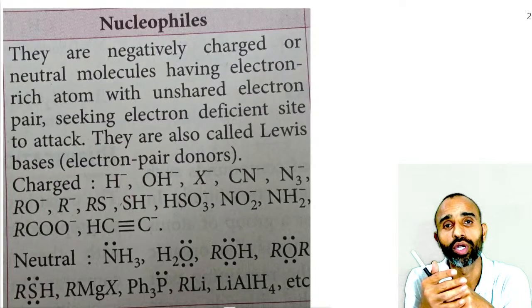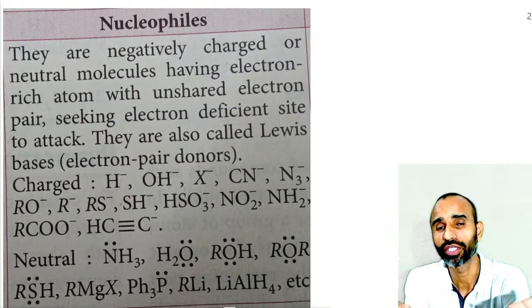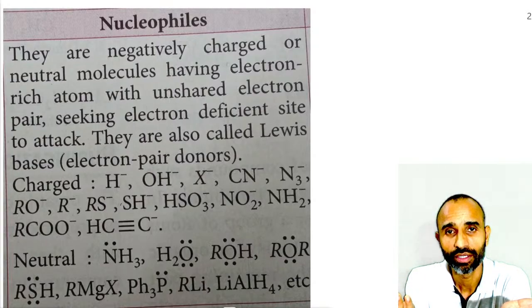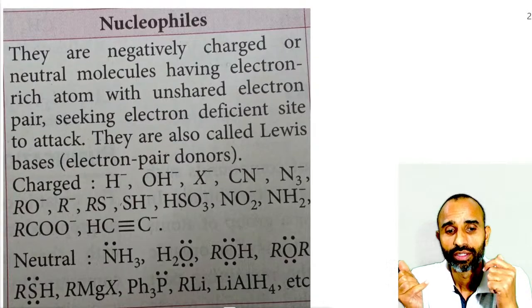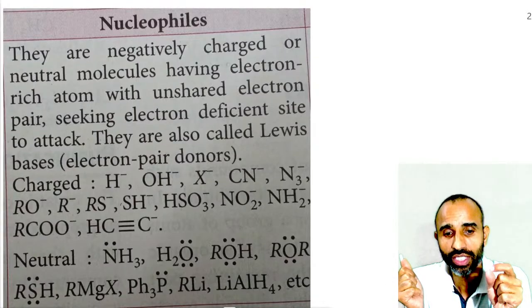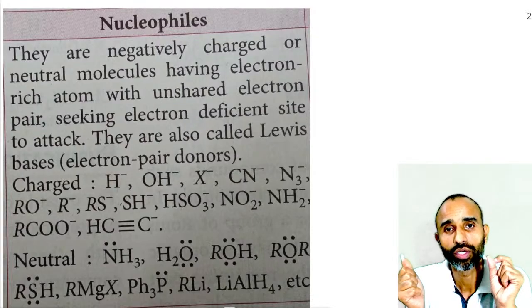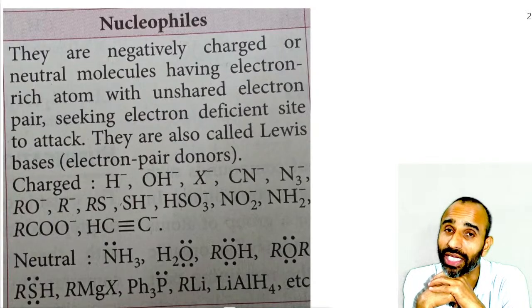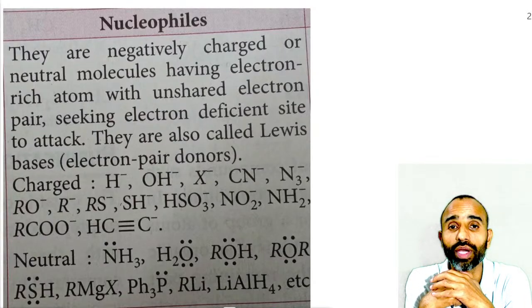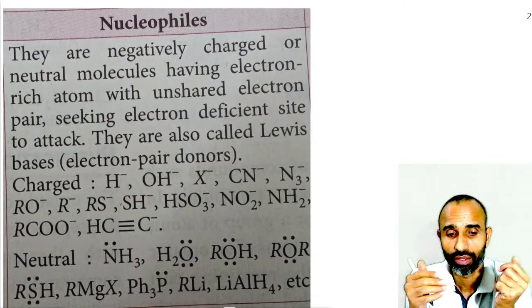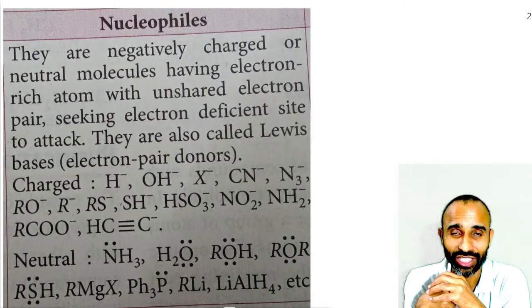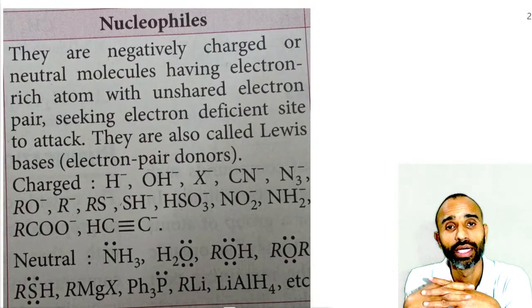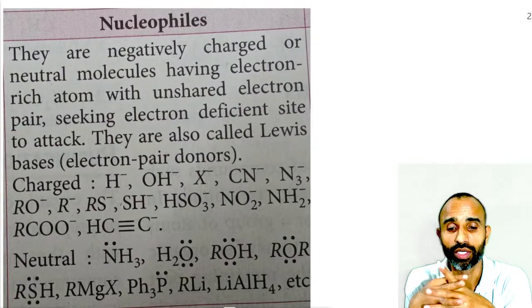They are also called Lewis bases because they have an unshared pair and are able to donate an electron pair, so they are electron pair donors. For example, H negative, OH negative, X negative, CN negative, N3 negative, they are all electron rich, and that's why they can attack electron deficient sites. Even neutral ones like H2O.